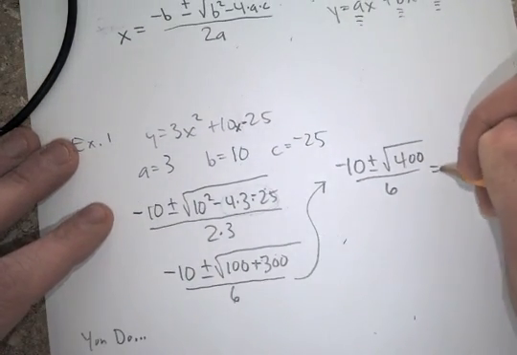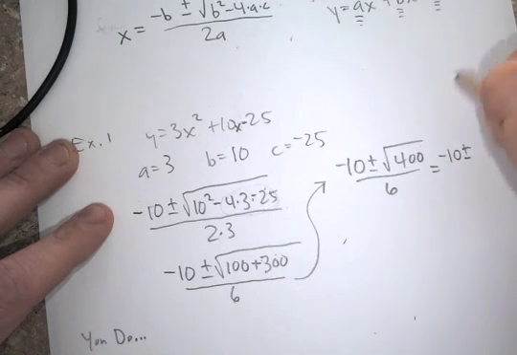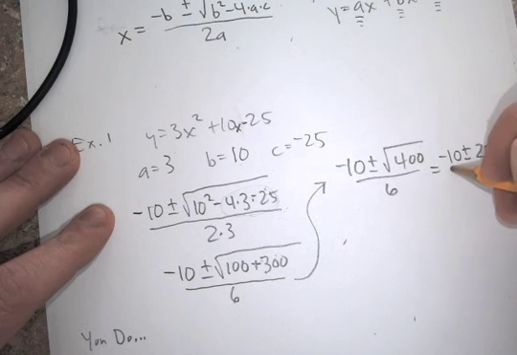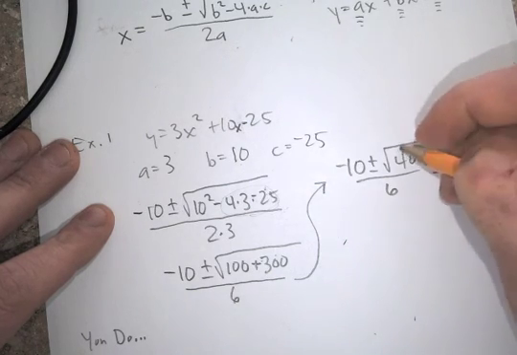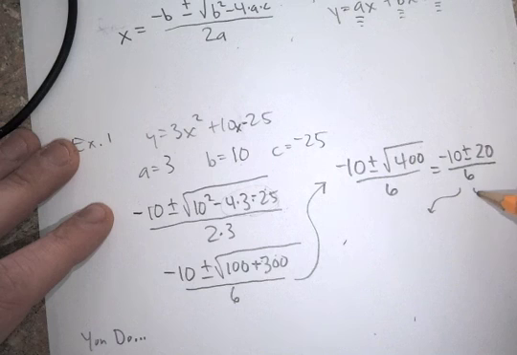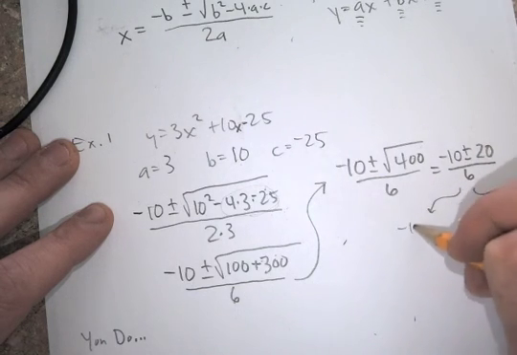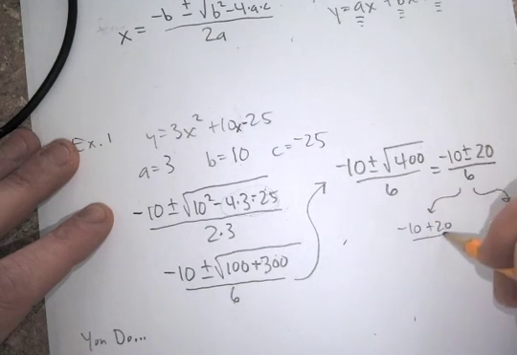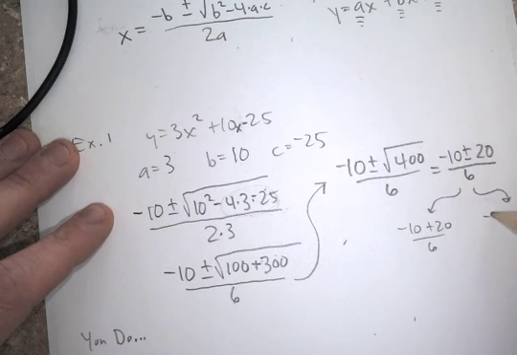Keep going. Square root of 400 is 20. For now, these are going to come out to nice numbers, these square roots here. 20 times 20 is 400, right? Now we got two answers, so I'll split this in two. You got negative 10 plus 20 over 6, and the other one's going to be negative 10 minus 20 over 6.